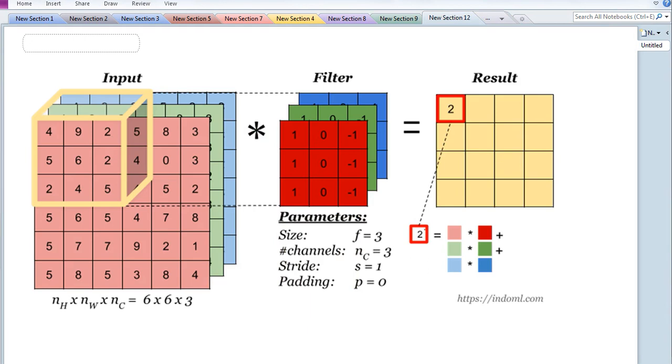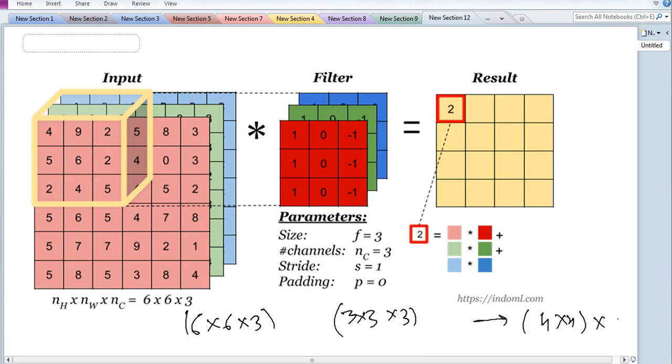So this 2 comes from the multiplication of all these 27 elements of the filter with the corresponding elements of the input matrix. So basically you start with 6 by 6 by 3, and you convolve with a filter of 3 by 3, and number of channels 3, and you will get a 4 by 4 matrix where the third dimension will be 1, because across the depth you multiply all the elements and you get only one value.